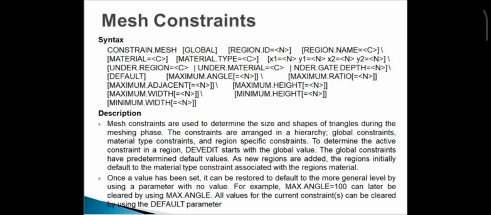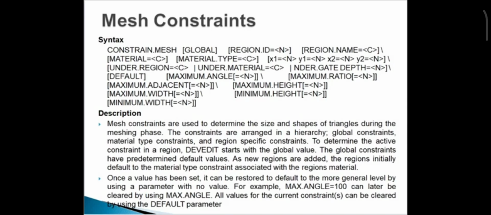Description: mesh constraints are used to determine the size and shape of triangles during the meshing phase. The constraints are arranged in a hierarchy: global constraint, material type constraint, and region specific constraint. To determine the active constraint in a region, DevEdit starts with the global value. The global constraints have predetermined default values.